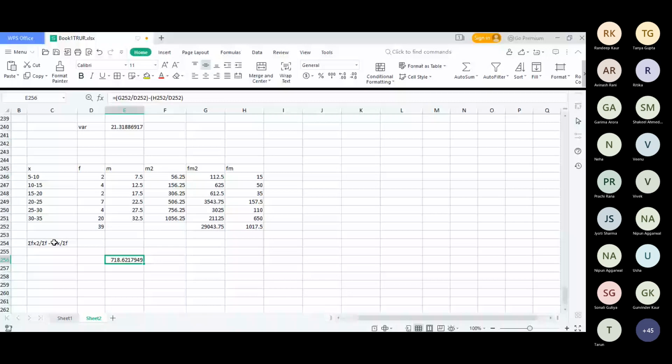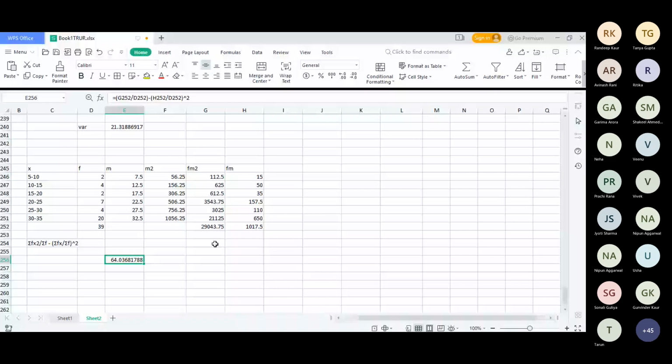This is having a whole square also. So this is the formula: summation of fx square divided by summation f minus summation of fx divided by summation f whole square. So that means in this formula you have to minus this raised to the power 2. So 64.03, that will be your standard deviation.